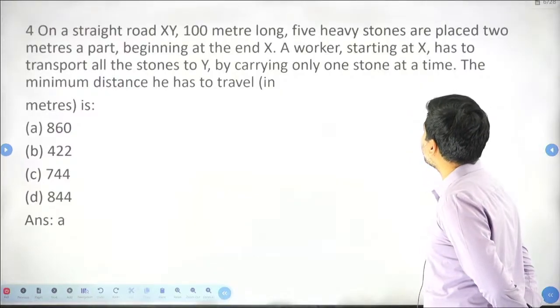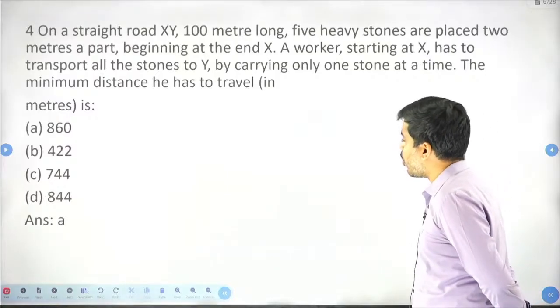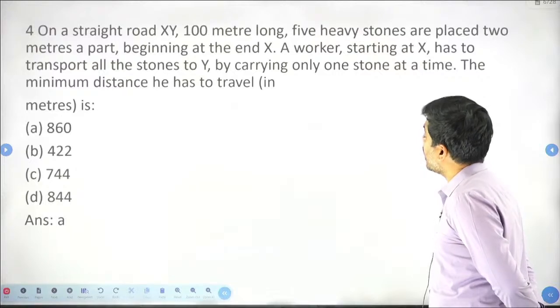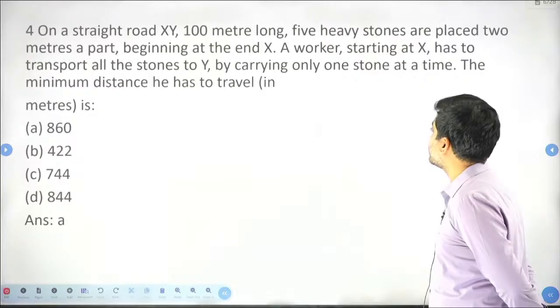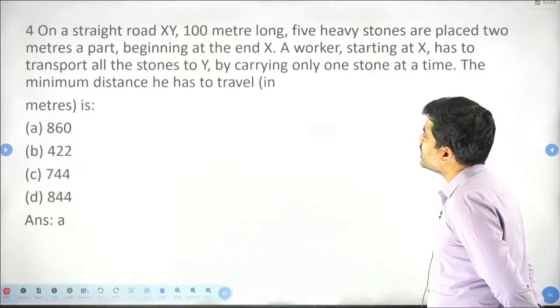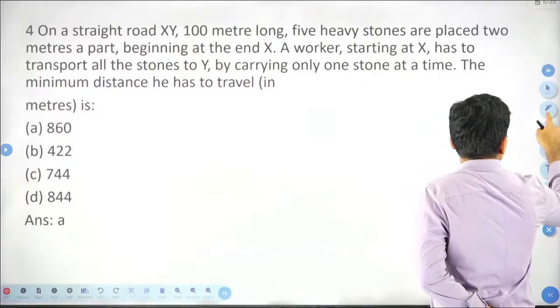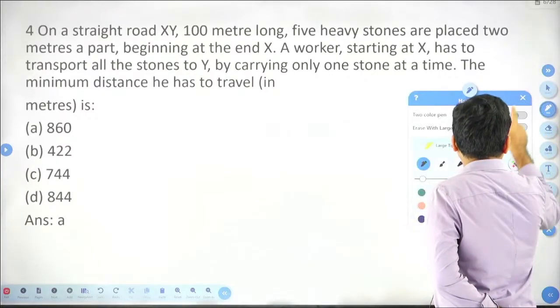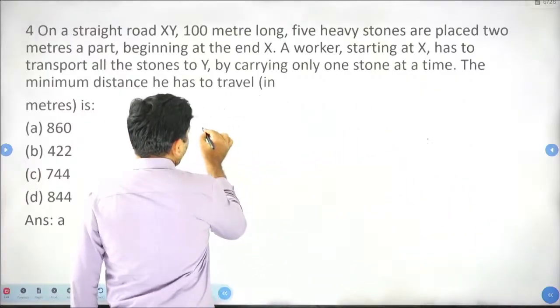A worker starting at X has to transport all the stones to Y by carrying only one stone at a time. Okay. The minimum distance he has to travel. Fine. If you take a straight line from X to Y, it will be like this.